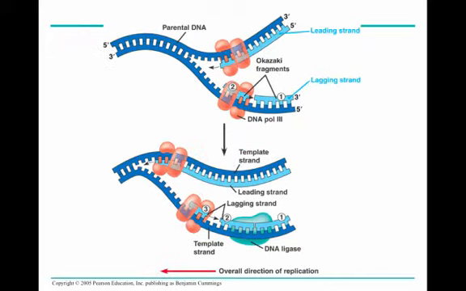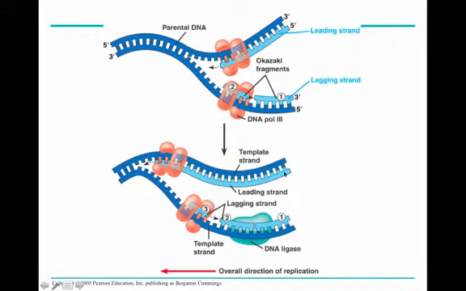But just to take a look at this process, leading versus lagging, here's time A, here's time B a little bit later. We can see the leading strand. We have our enzyme that's adding these new nucleotides. This pinkish thing is the enzyme adding the turquoise nucleotides here. And you can see the lagging strand is a little slower.